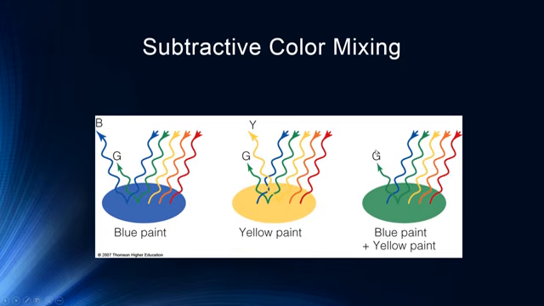Now the most important thing to understand about subtractive color mixing, and this is where I think things become important as you start owning homes and coming up with paint colors for your houses, is that you're doing both additive and subtractive color mixing when painting.